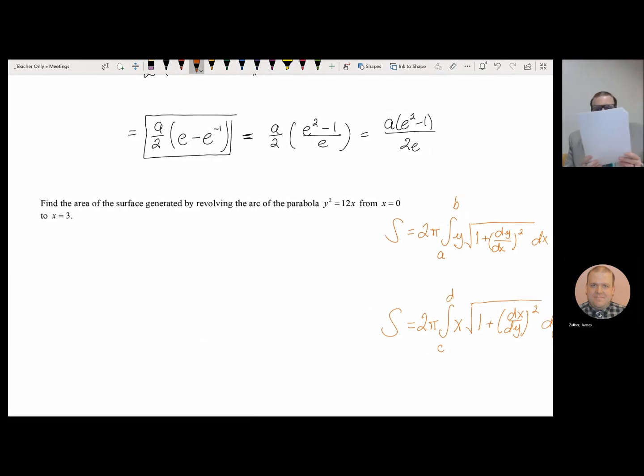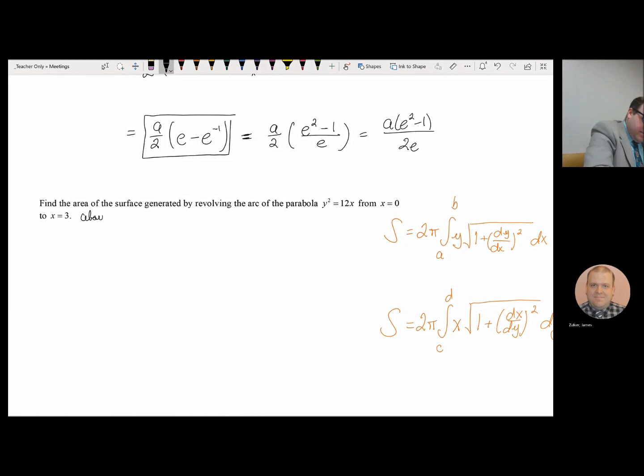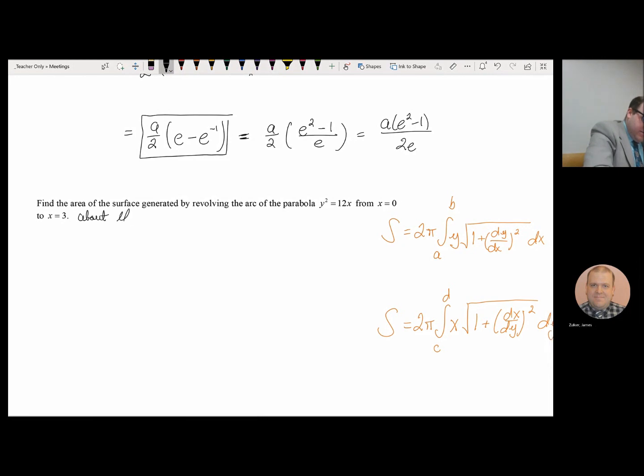For some reason I didn't say about what axis, so it's supposed to be about the x-axis.